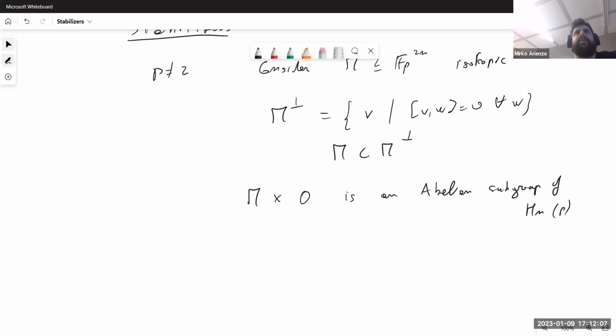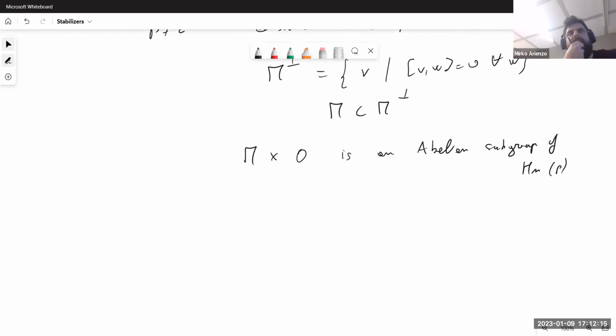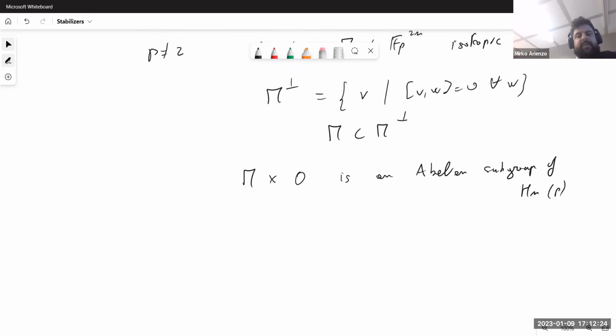Okay. So what's happening here is the following. Since this group is abelian, in principle one can consider the representation of this group, I'm just writing it as W of M times 0.